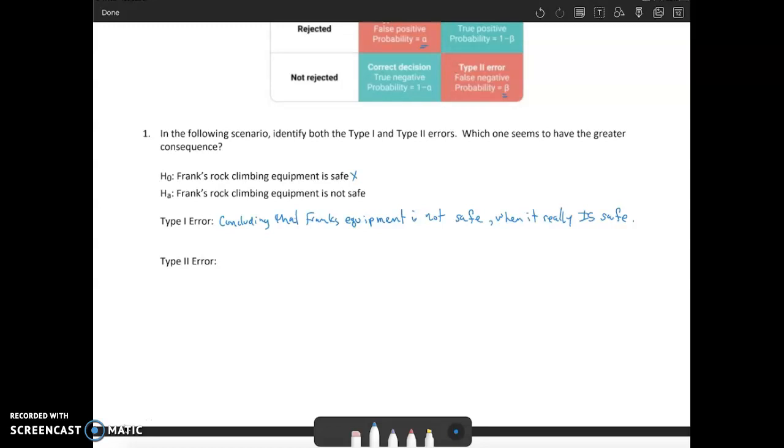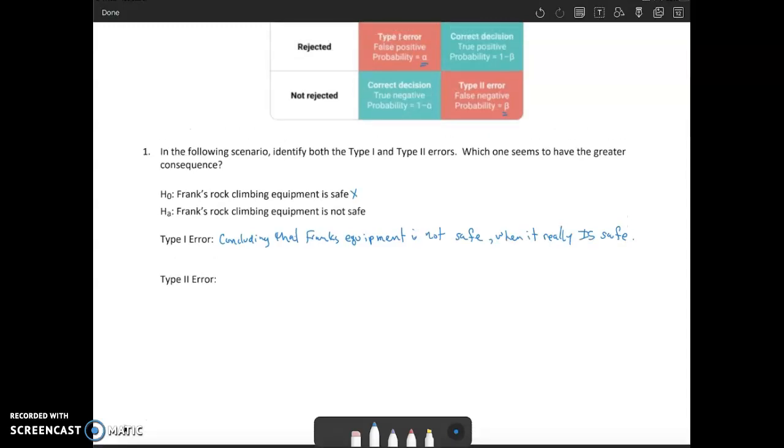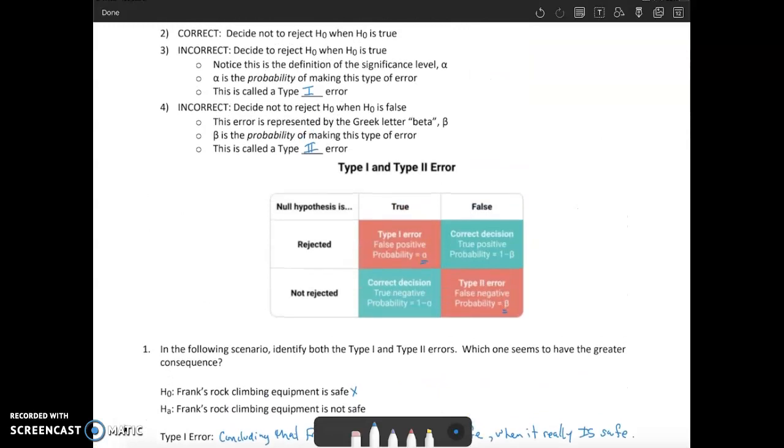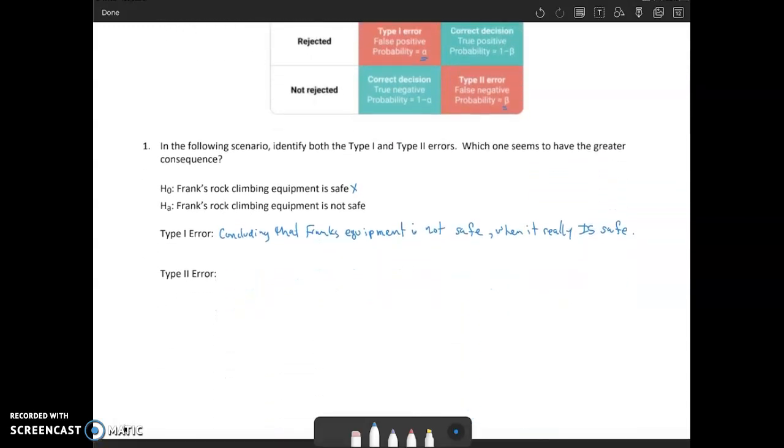Okay, so then the type 2 error is the reverse of that. That is when we decide not to reject the null when the null is actually false. So this would be like concluding that the equipment is safe, right?